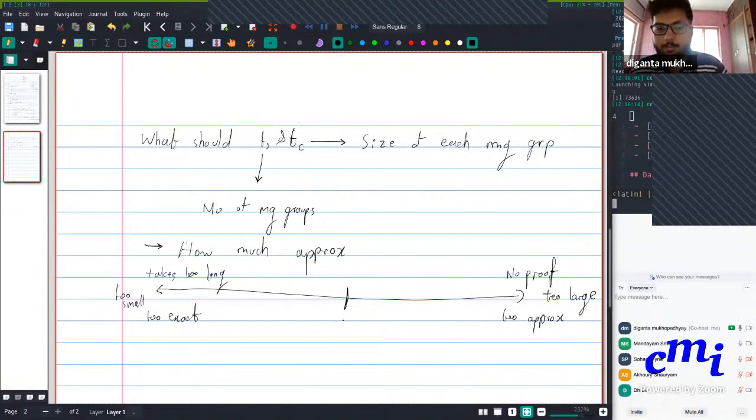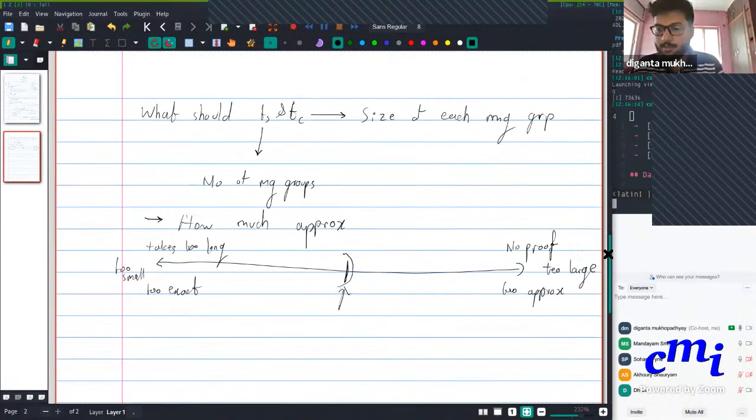Somewhere there is the largest TS and TC we can get away with. Somewhere there is a point beyond which we can't do a proof. If we choose TS and TC values there, we can't do a proof. So what we're looking for is the largest possible TS and TC value which gives us a proof.